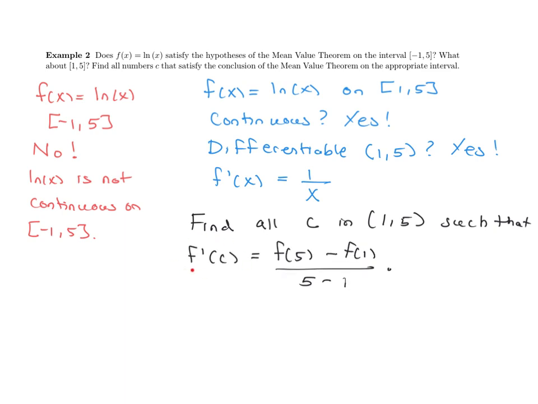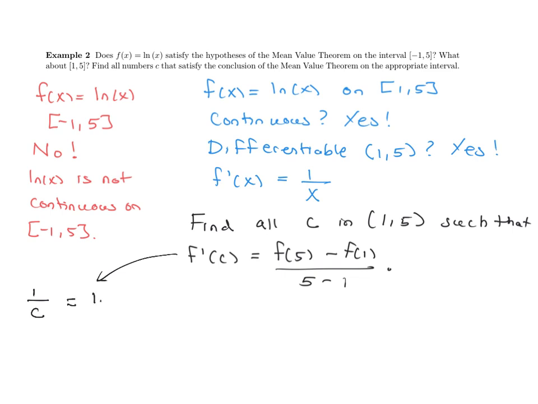So I have a formula for the derivative. It's 1 over x. I'll call it 1 over c. By the way, you could actually just leave this 1 over x and solve for x, and that would be completely fine. I'm just going to continue using a c just because that's the letter that was used in the statement of the theorem itself. Anyway, f prime of c is 1 over c.